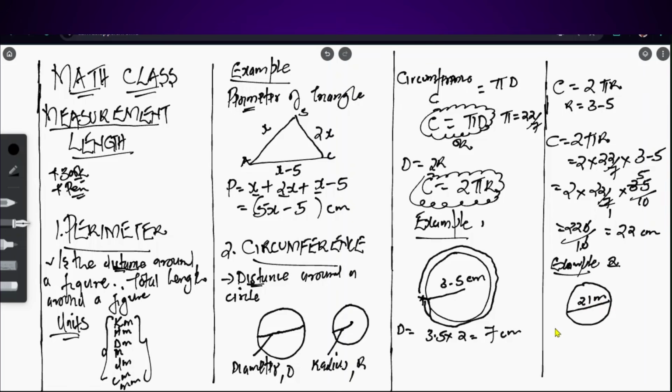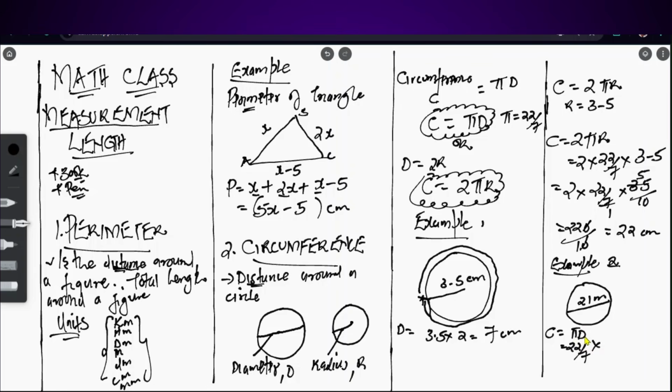So I'll do the same thing. Now that I've been given diameter, I'll apply the formula that has a diameter here. So I'll say that circumference is the same as pi d. And what is pi? Pi is 22 all over 7.